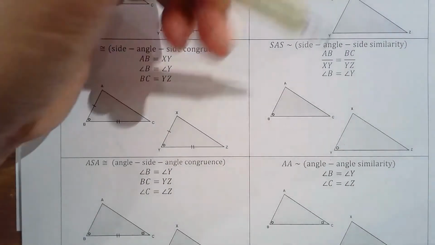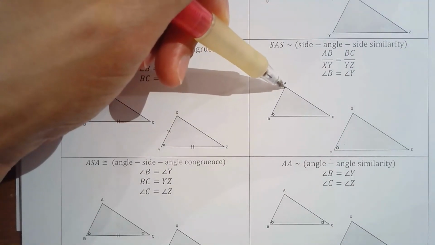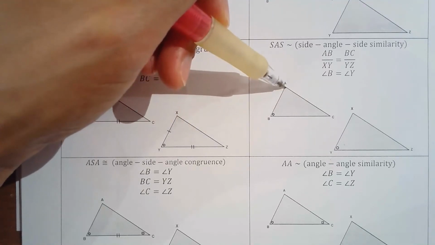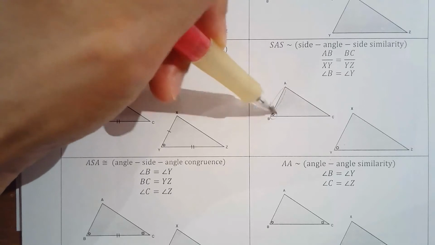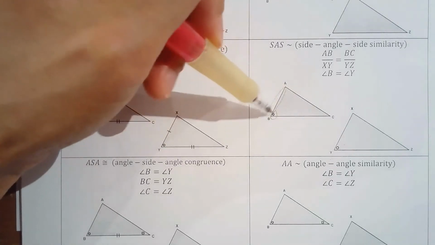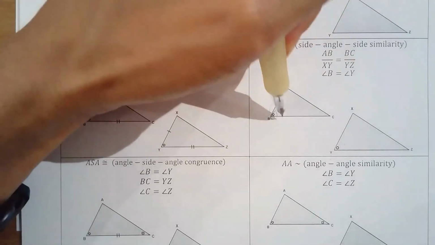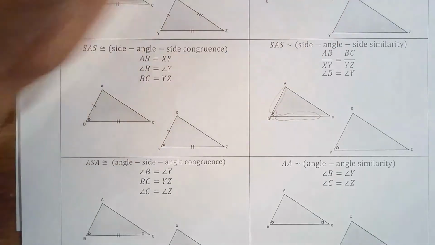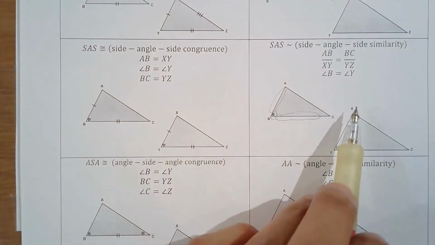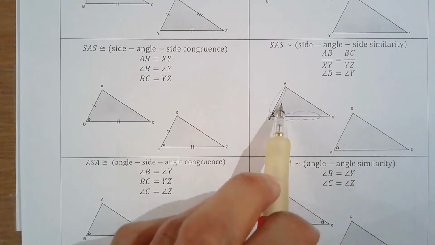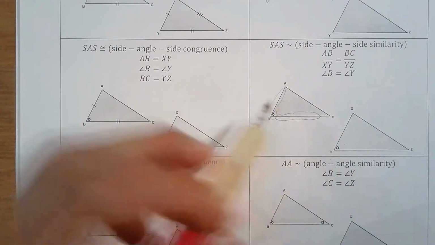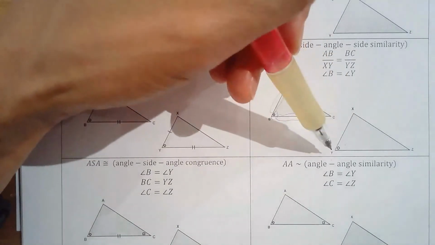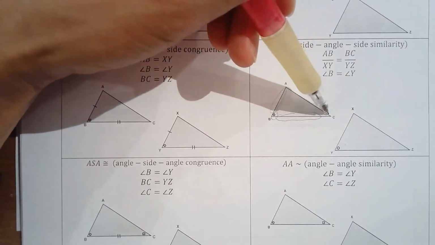Side, angle, side. I call this a sandwich situation because your angle is being sandwiched in between the two sides. So if you have a side, angle, side situation, let's say I wrote it down: AB over XY is equal to BC over YZ.